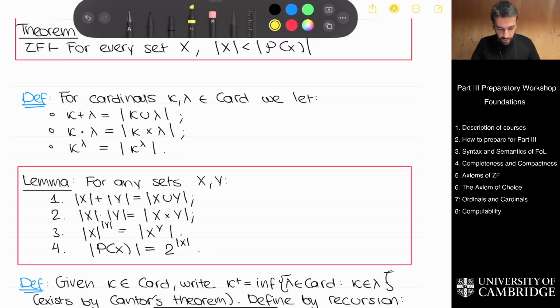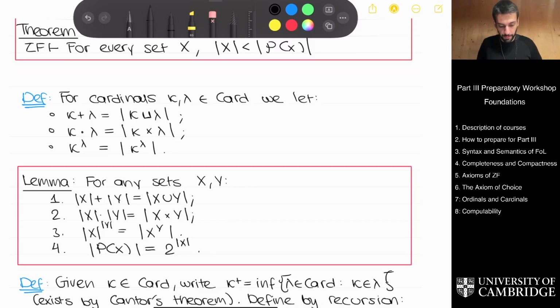And in fact, actually, I shouldn't say the cardinality of the set union. I should say the cardinality of the set kappa disjoint union lambda. Okay, this is now correct. How do we define product?